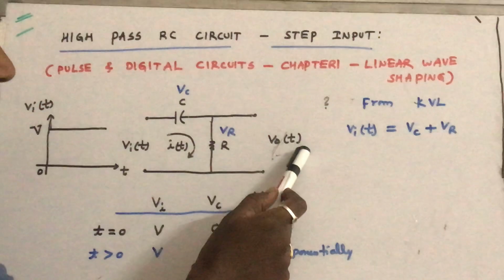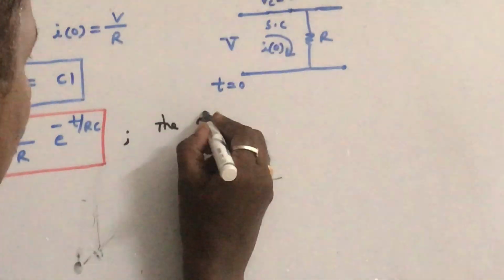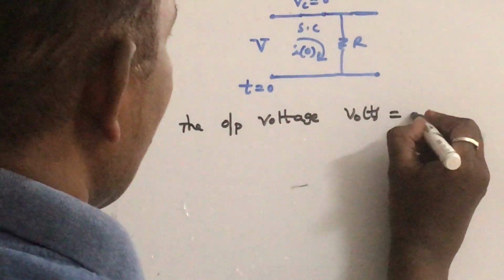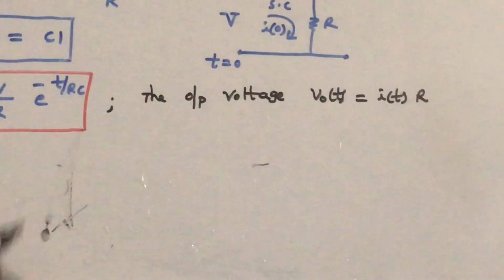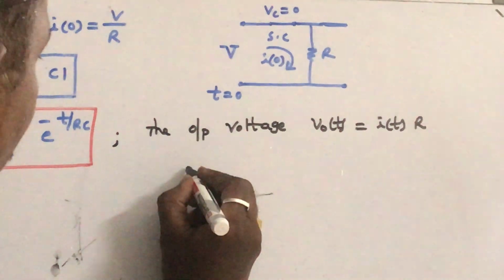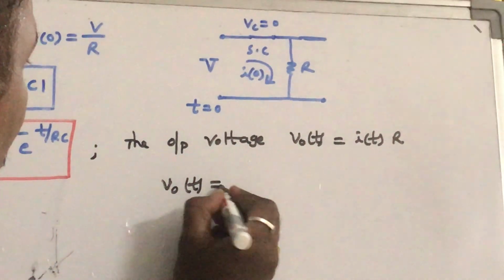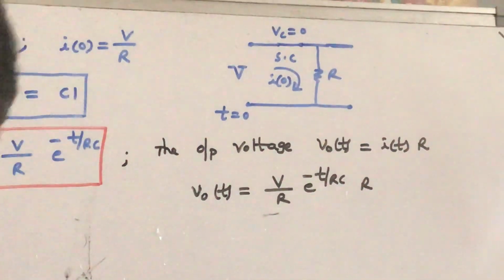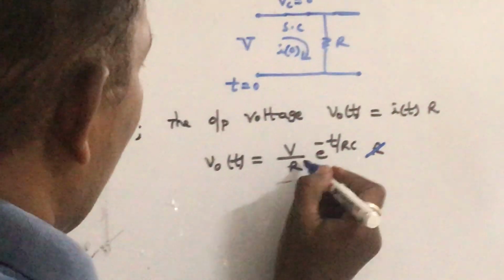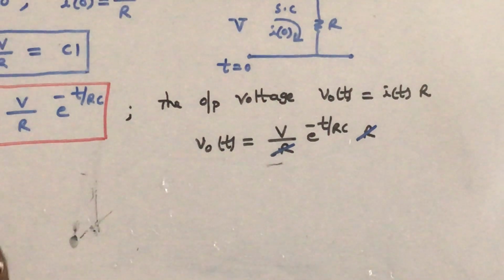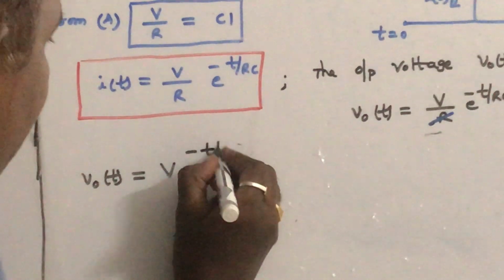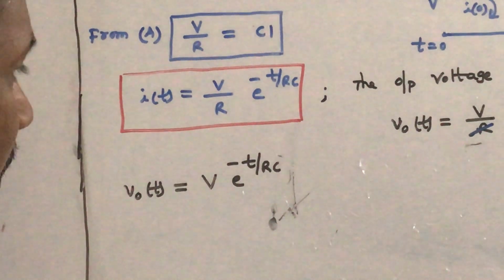The output voltage V0 of t is nothing but I of t into R. Substituting I of t, V0 of t is equal to V by R into e power minus t by RC into R. The R cancels out, so V0 of t is given by simply V into e power minus t by RC. This is the expression for the output voltage.